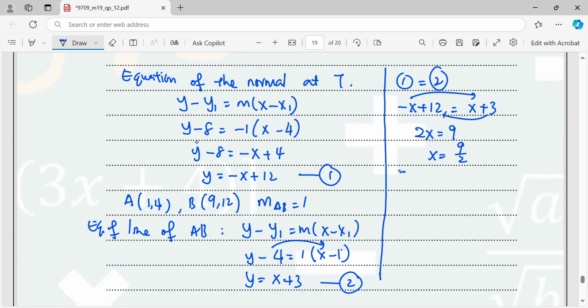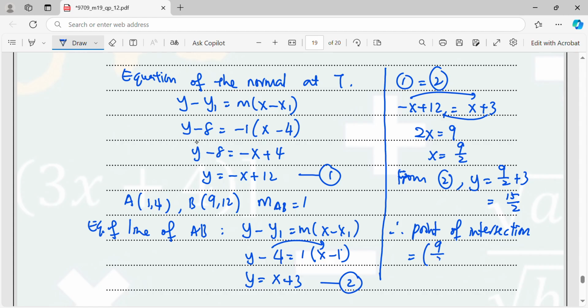And now, I will refer to either the first or second equation to find the y coordinate. Probably I will use the second equation. So my y is basically 9 over 2 plus 3. So this becomes 15 over 2. Hence, my point of intersection has coordinates (9/2, 15/2).